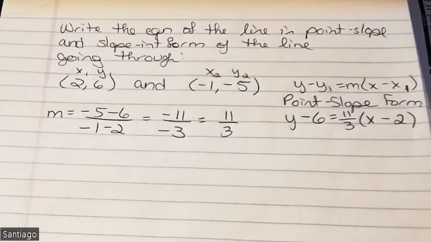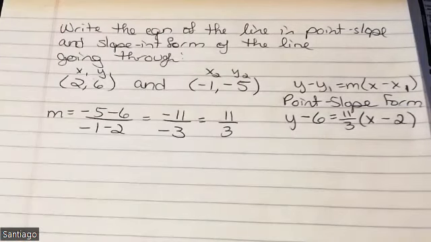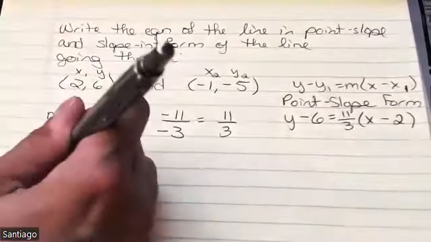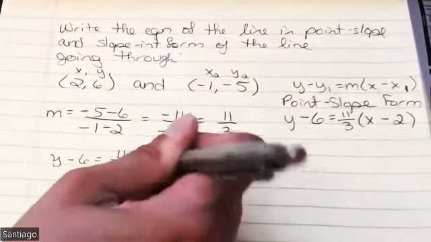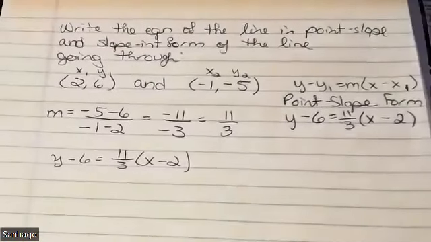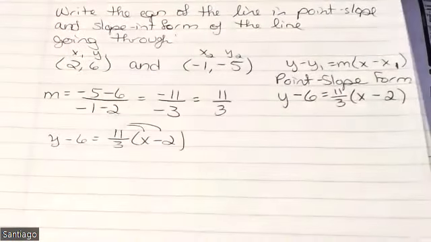That's half the formulas, right? We needed the point slope and slope intercept. Here's one of them. Now, in order to find slope intercept, it's going to be helpful to take that point slope form and actually do the math to get y by itself. So in order to make this happen, we're going to have to distribute the 11/3. So let's go ahead and distribute.